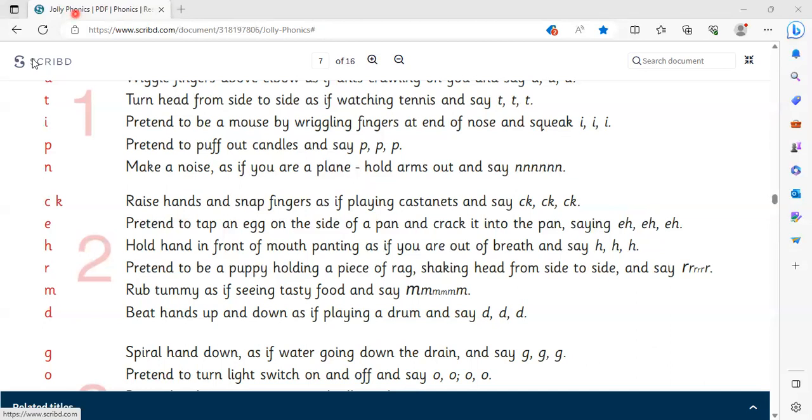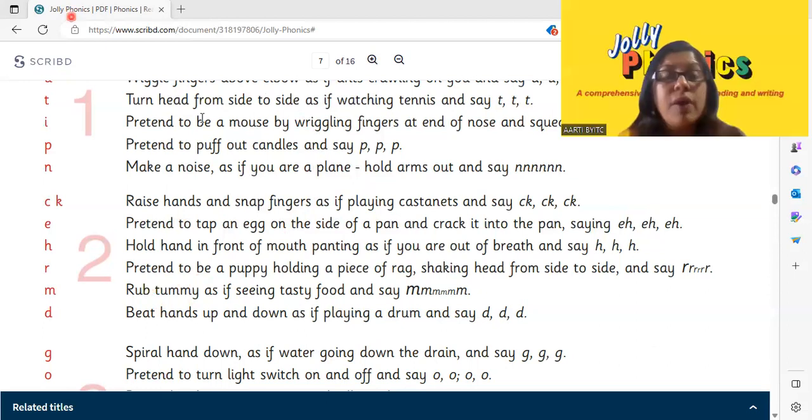The next one is letter R. Pretend to be a puppy. Now here you have to be a puppy, holding a piece of rag. It is a piece of rag. You are holding it in your mouth, basically, shaking your head, like say.